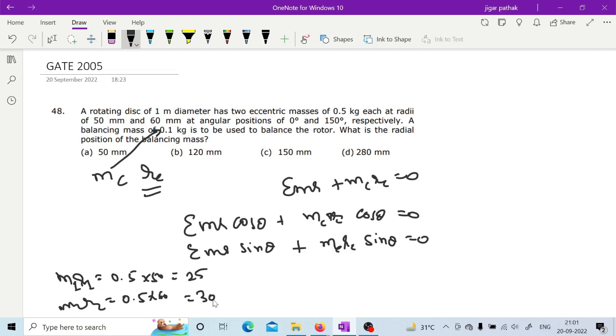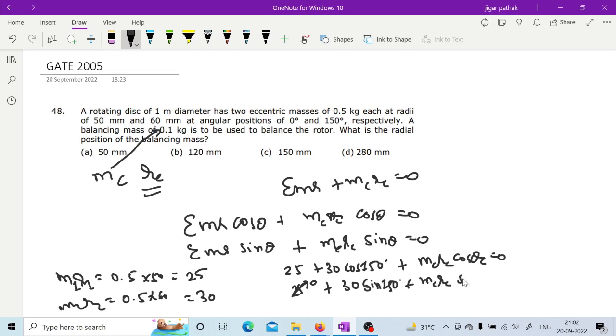So 25 cos 0 plus 30 cos 150 plus MCRC cos theta c equals to 0, and then here it is 25 sine 0 will be 0 anyway, right? So it will be 0 plus 30 sine 150 plus MCRC sine theta c equals to 0.